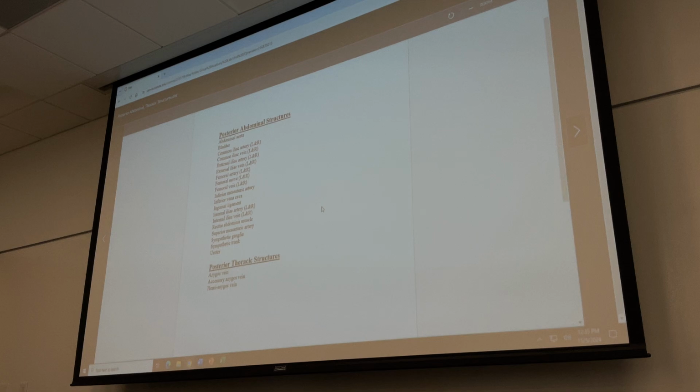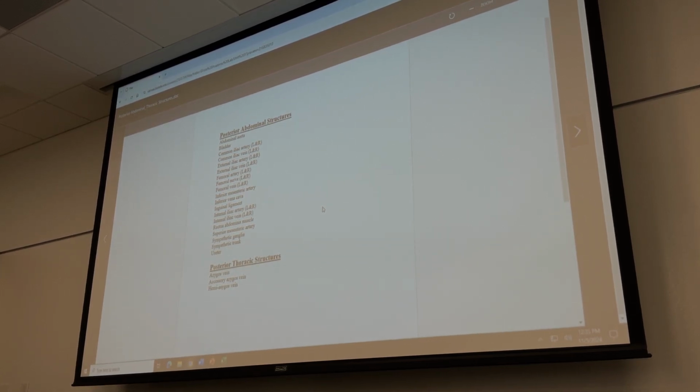So posterior abdominal wall, of course you know the abdominal aorta. Bladder, don't worry about the bladder. But you need to know common iliac vein, common iliac arteries, both right and left. External iliac arteries, external iliac veins, right and left. Femoral arteries, femoral nerves, femoral veins. Inferior mesenteric artery, inferior vena cava, inguinal ligament.